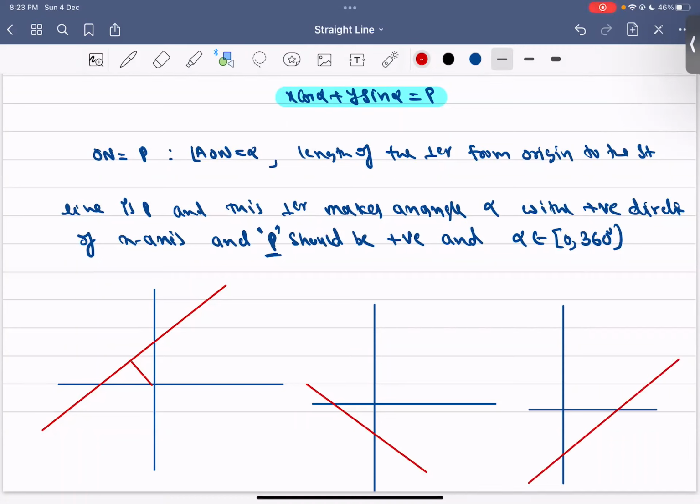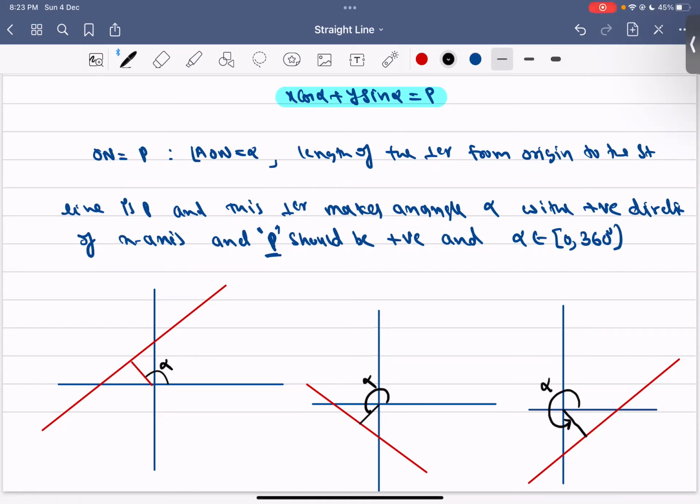In these cases, alpha is this one, the angle made by the perpendicular with the positive direction of x-axis.